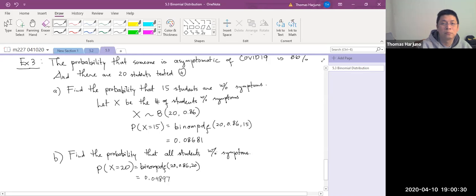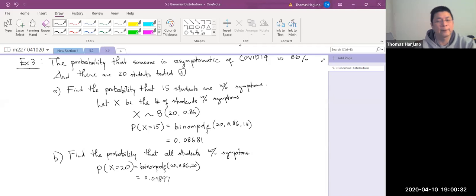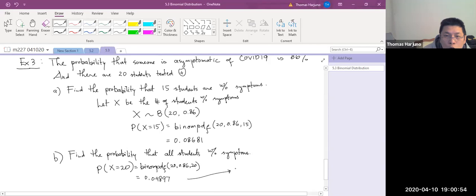Yes, we do it to 5 decimal places. If we round it to 3 decimal places, that's 0.049, but to 5 decimal places, 0.04897. So you see how scary it is: you may go into a room with 20 people who all tested positive, but none of them show anything.